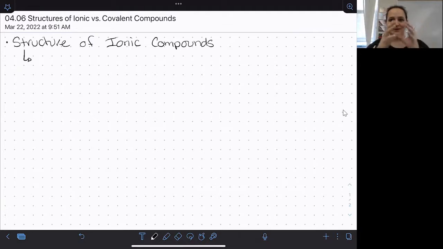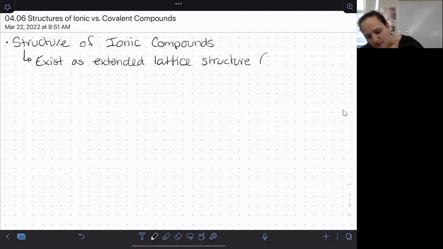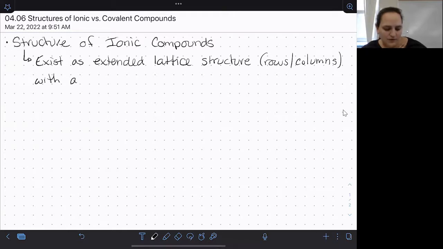That actually goes in all directions in 3 dimensions, and that idea of opposite charges attracting one another is what gives rise to the way that ionic compounds exist, which is as an extended lattice structure of rows and columns with alternating ion charges.